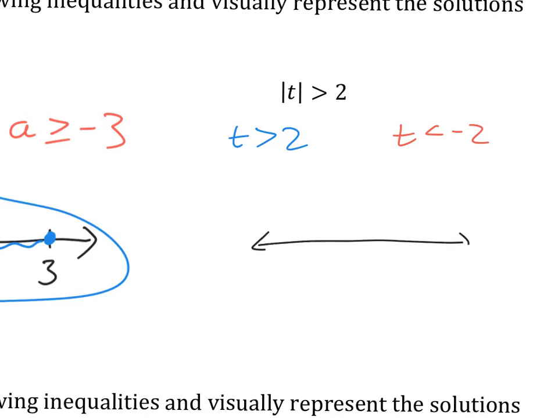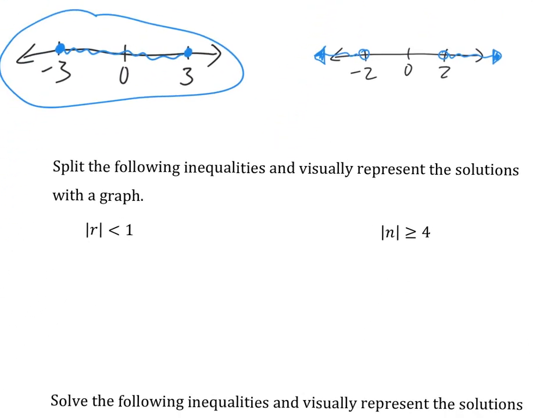On a number line, we have 0, 2, and negative 2. We want t greater than 2, so we'll have an open circle at 2 and shade to the right. And t is less than negative 2, so we'll have an open circle at negative 2 and shade to the left. That is our solution set for this absolute value inequality.